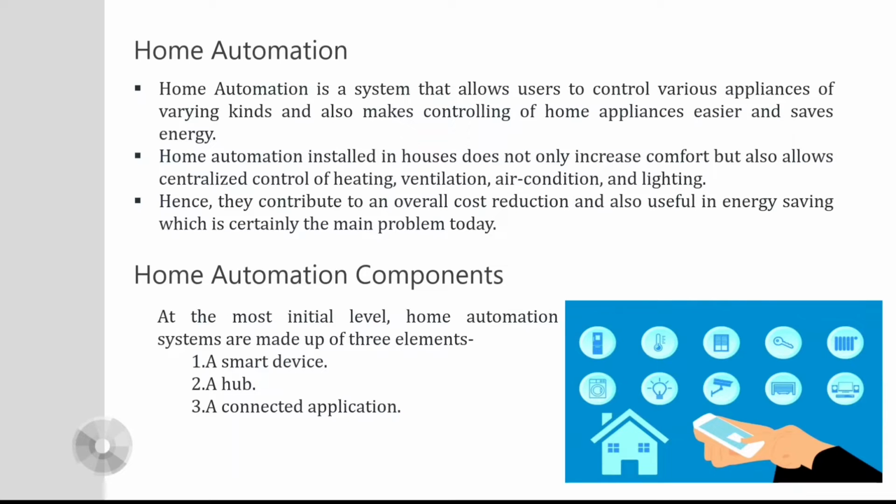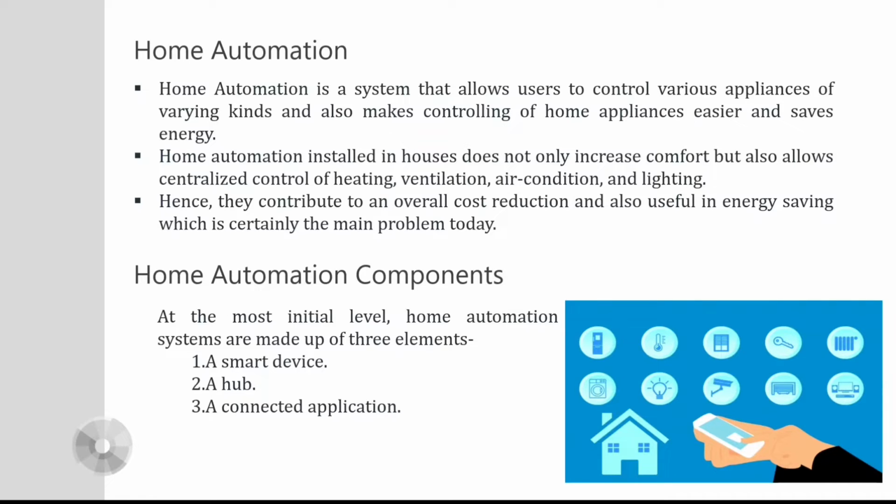Here we can increase comfort, and it also allows centralized control of heating, ventilation, air conditioning and lighting. Home automation components are smart devices, a hub and connected applications.